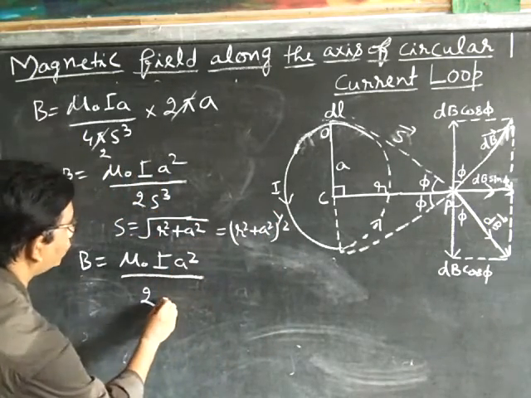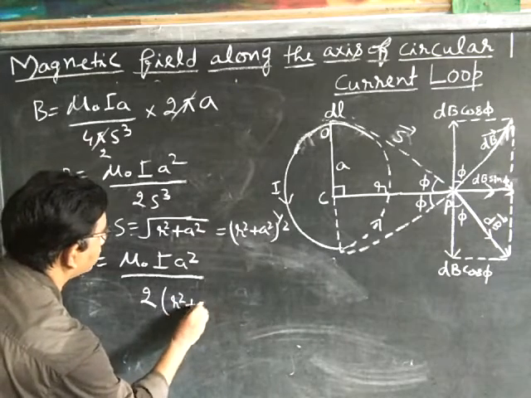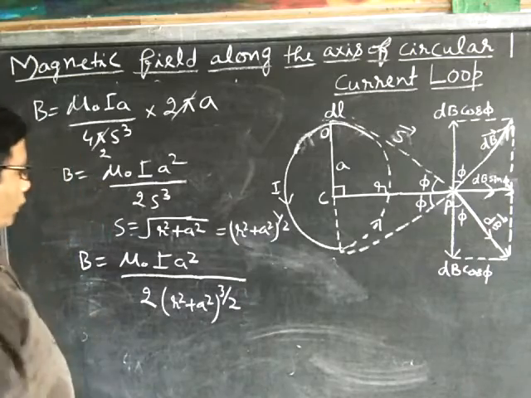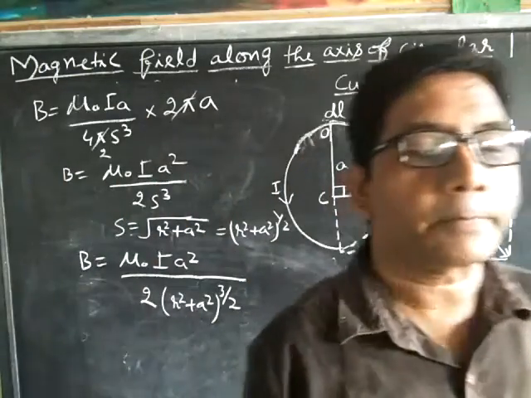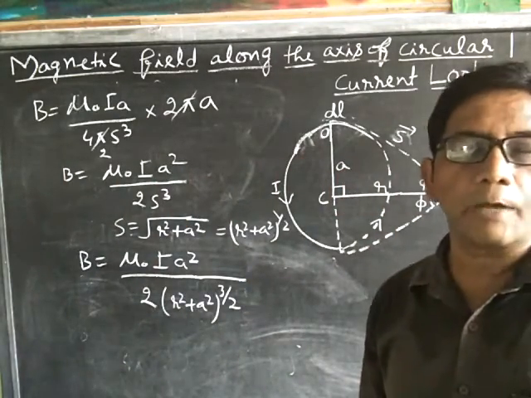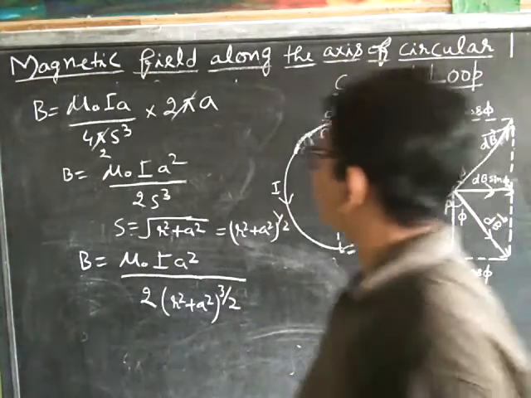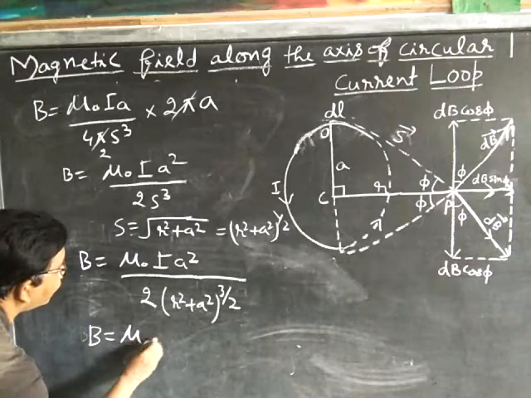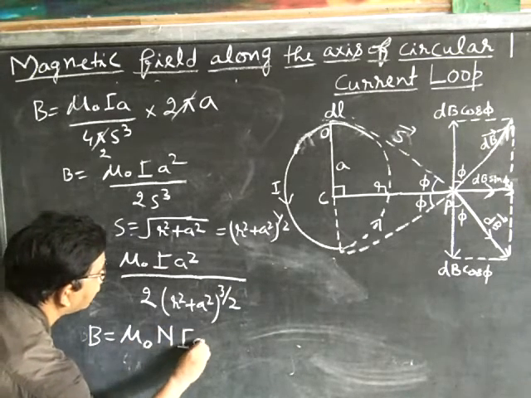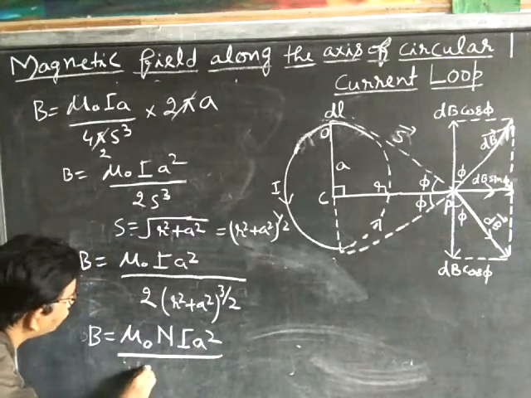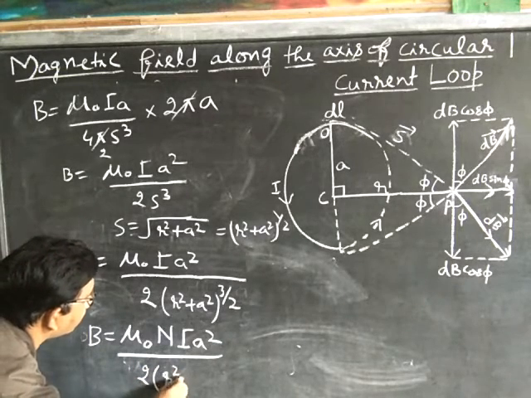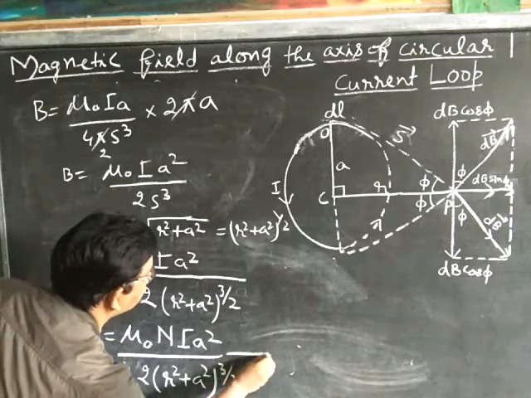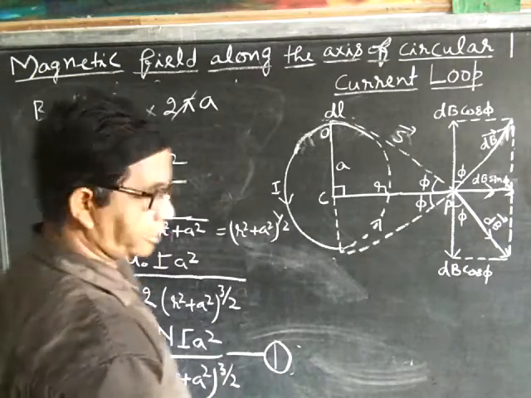That becomes 2 into R square plus A square to the power 3 by 2. Now if the coil has N turns, then B is equal to mu 0 N I A square upon 2 into R square plus A square to the power 3 by 2. Suppose this is equation first.